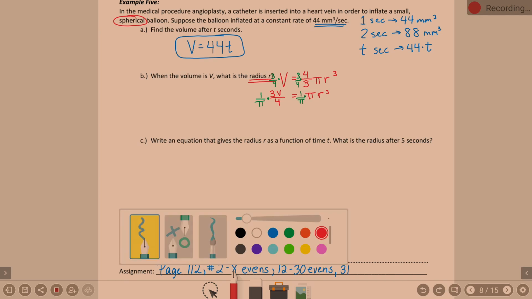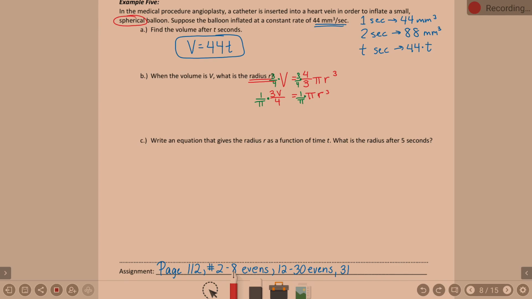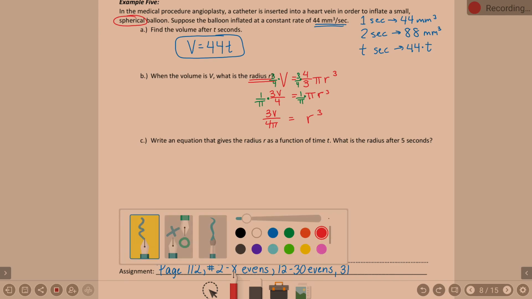So now this becomes 3v over 4 pi. 1 over pi times pi cancels, and I'm left with r cubed. How do I solve for r? It's r to the third, so we're going to take the cube root of both sides.